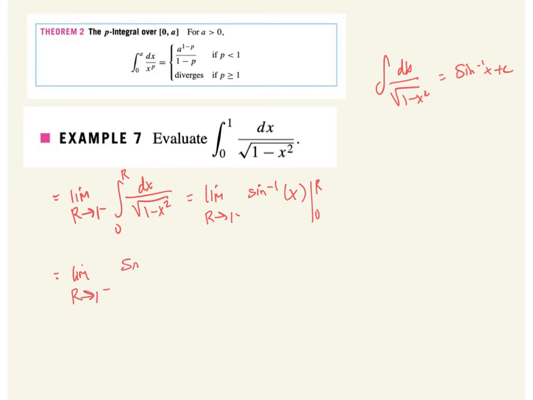So we'll have sine inverse of r minus sine inverse of 0. And if we evaluate this limit at 1, sine inverse of 1 minus sine inverse of 0 ends up being pi over 2 minus 0, or pi over 2.